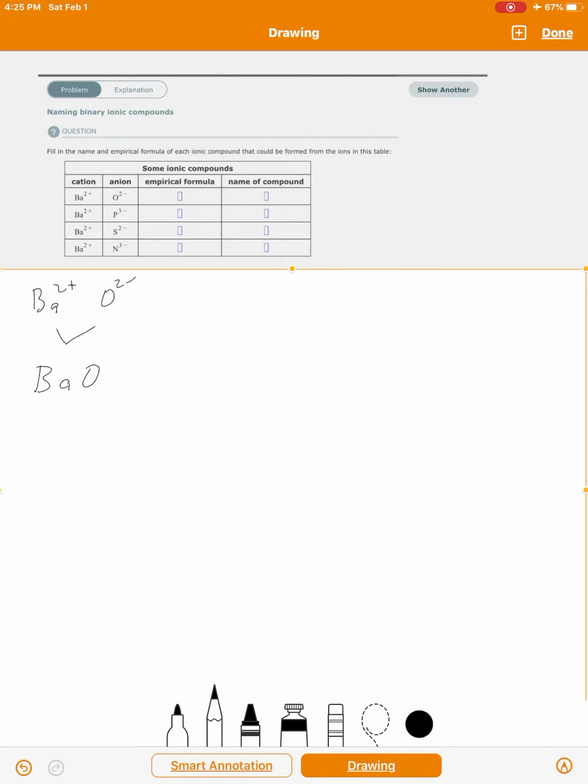Now, naming the binary ionic compounds, very simple. You name the metal, barium. You name the anion, the nonmetal, but change the ending to IDE. So it becomes oxide, barium oxide.